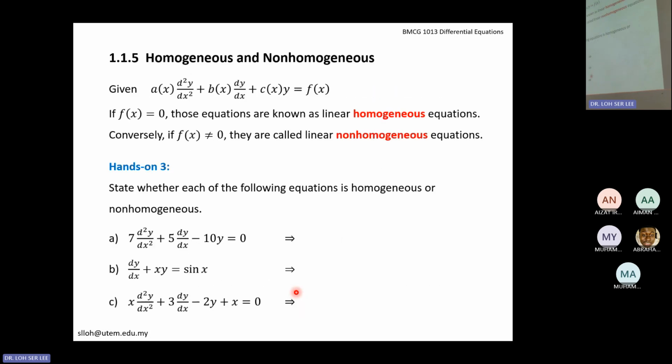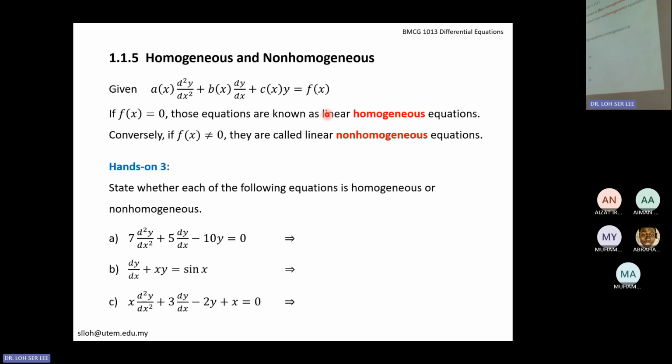Just like this example, when this is 0, it is known as linear homogeneous, or linear non-homogeneous. When you see linear and homo together, you have to check the criteria of the linearity and also homogeneity. You need to be clear on the criteria of these two.